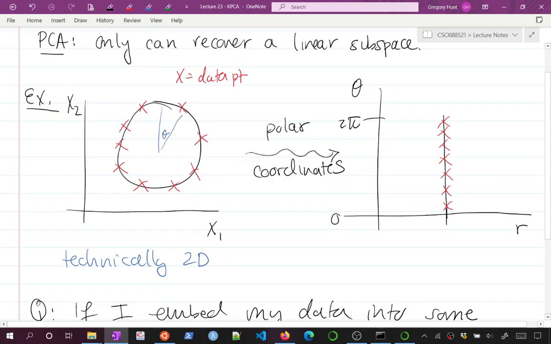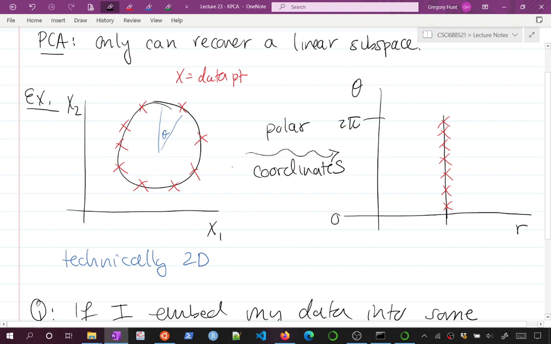In our case here, we embedded it in the polar coordinate space, and then we can do a dimensionality reduction, and we find it's basically one-dimensional. Alternatively, you can think about it as allowing my PCA to learn not only linear subspaces, lines, but nonlinear subspaces.